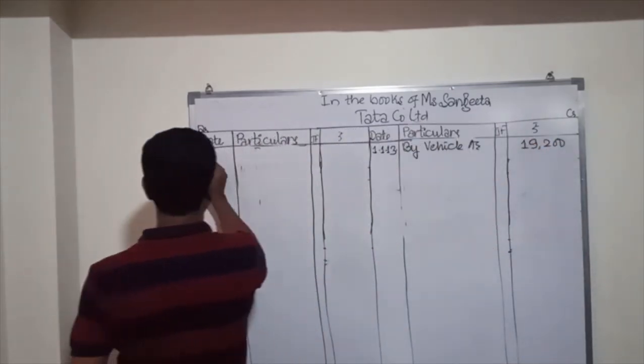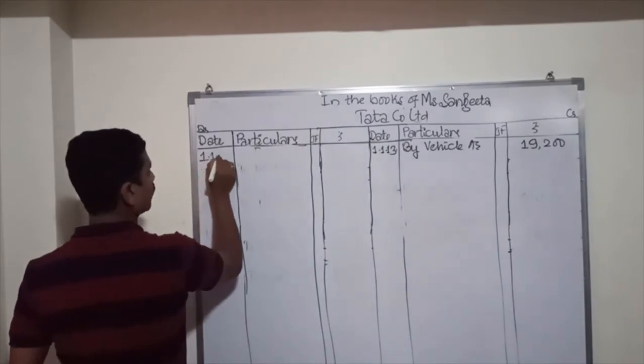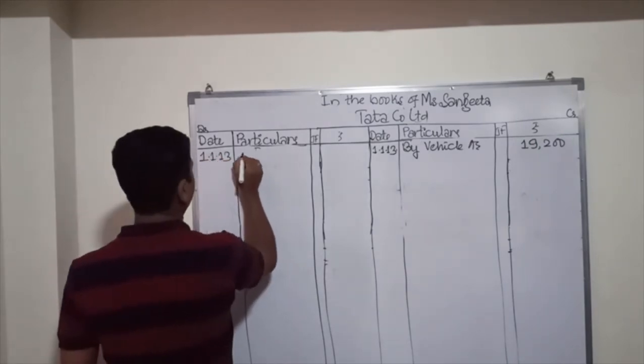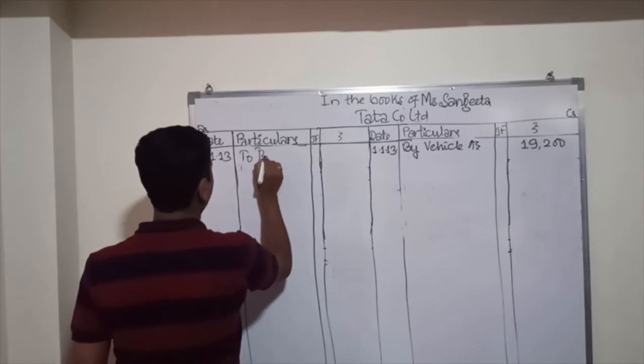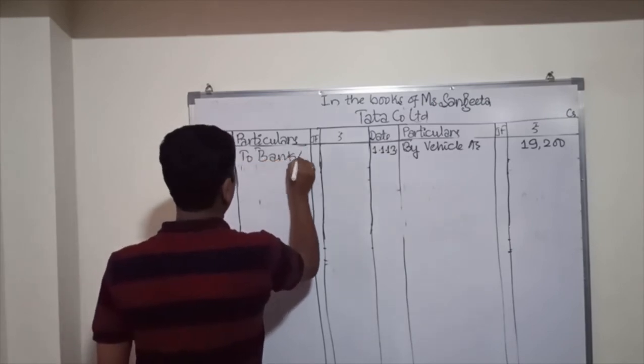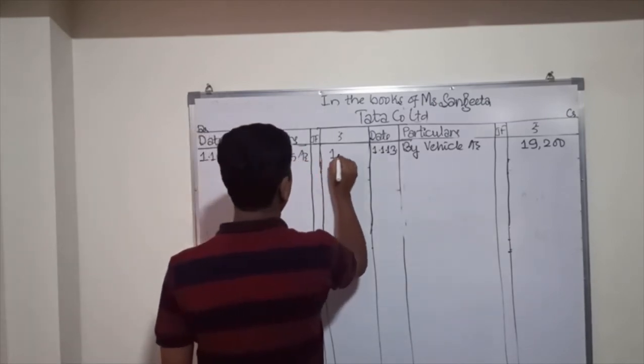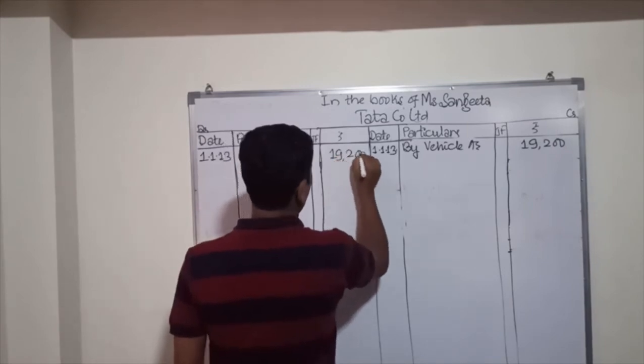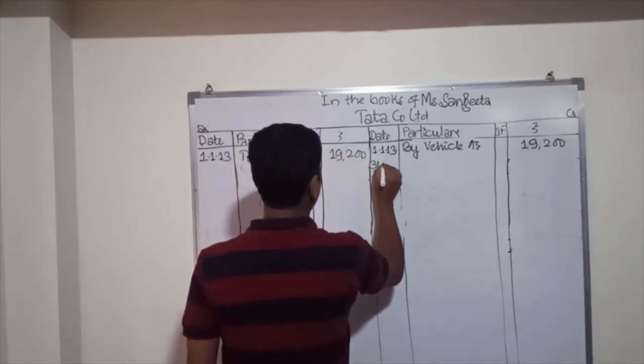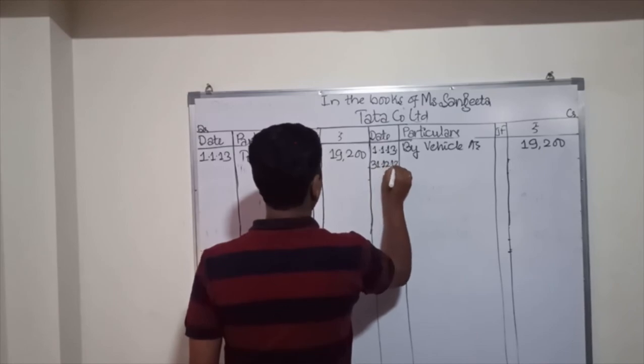And this is paid immediately on the same day on 1/1/13. Then the entry will be Tata Limited account debit to bank account. Bank account 19,200.